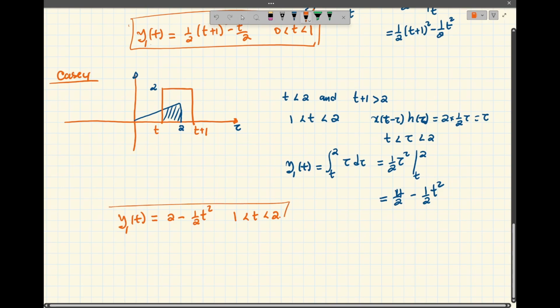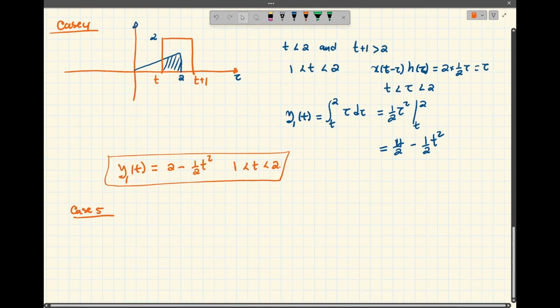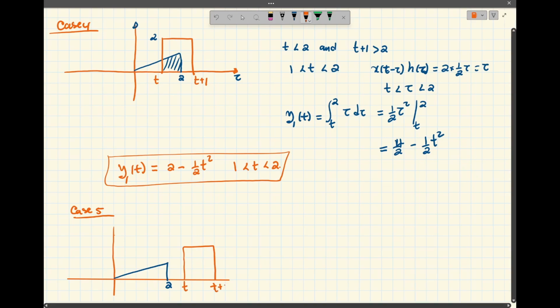So, and the last case, so case 5, what do we have? We have this scenario. This is 2, and we have this scenario, t here, t plus 1.